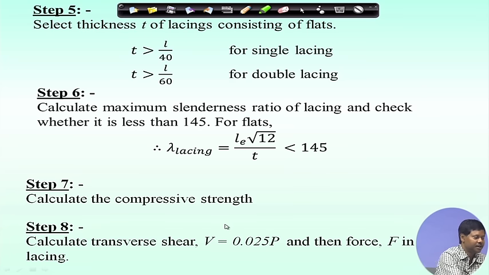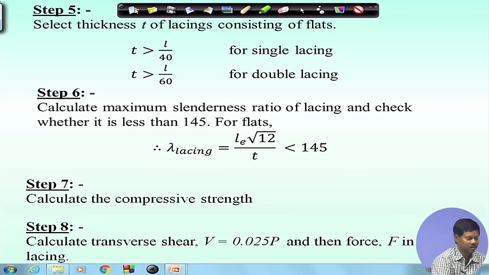Now, in step 5 we can find out the thickness of the lacing. So for the lacing member we need to know length, thickness and width. These are the three things we need to know. Already we knew the spacing between lacing members and the angle of inclination, theta, right.